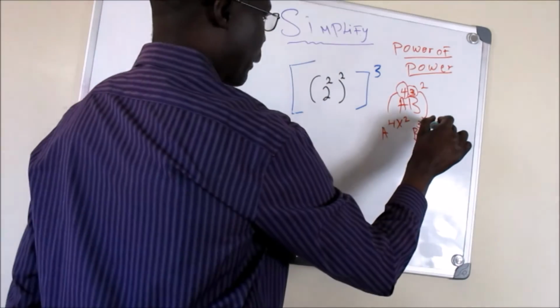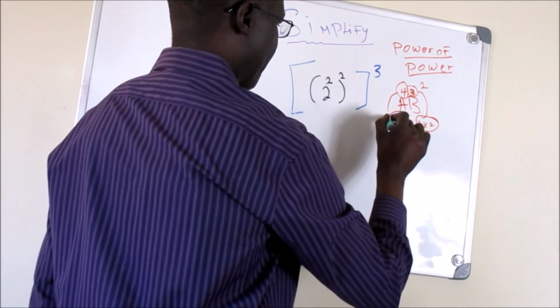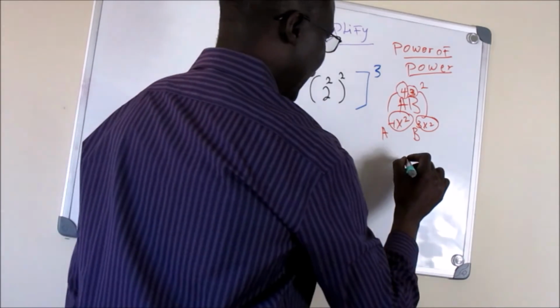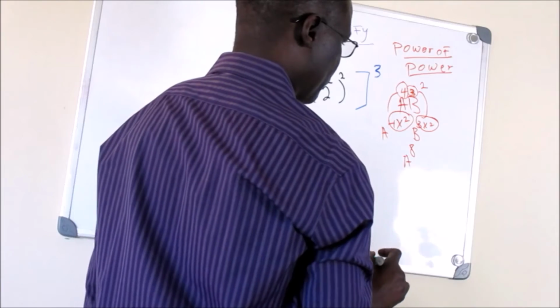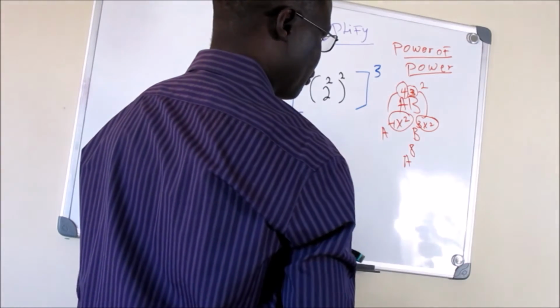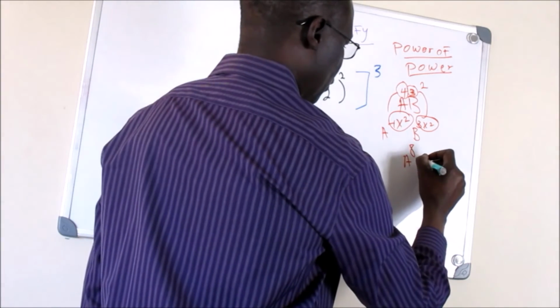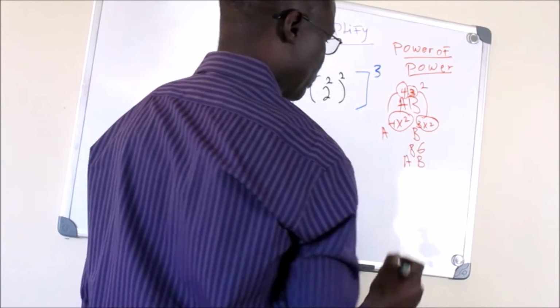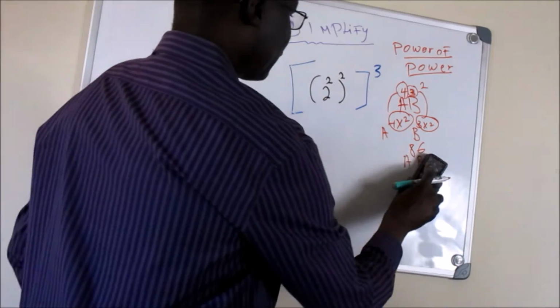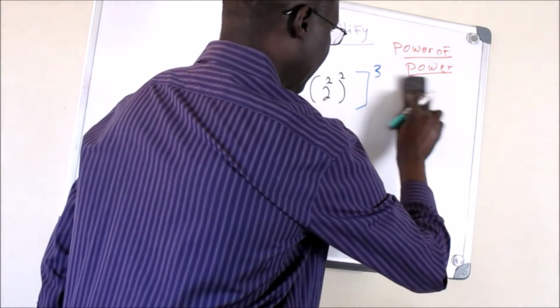So you're dealing with the power only. So you're going to have A power 8, because 2 times 4 is 8, and then B, because 3 times 2 is 6. That's exactly the same thing we're doing right here.